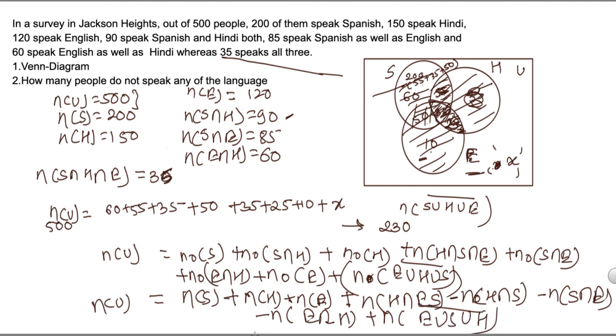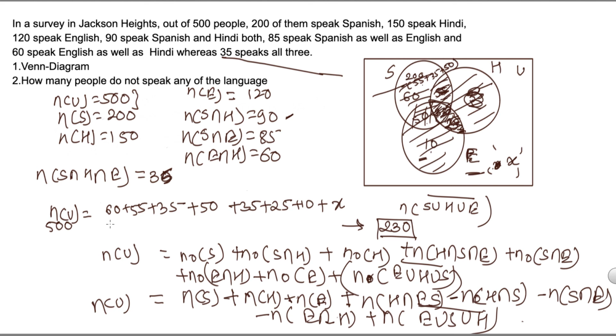So we can replace each of these values from the Venn diagram, and solve for n(E union S union H) complement to get our answer, and eventually we'll get 230.